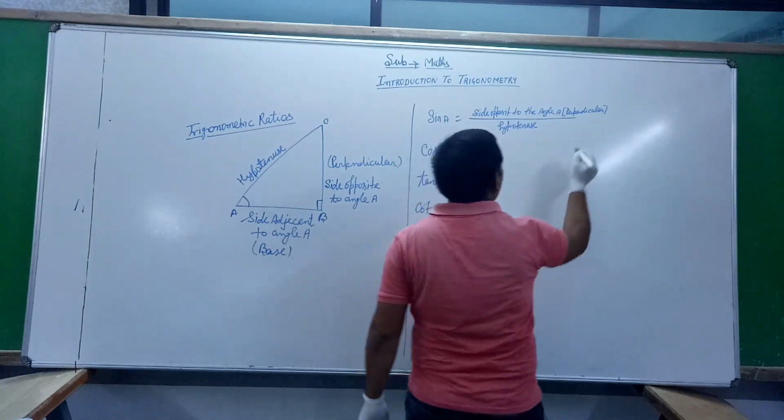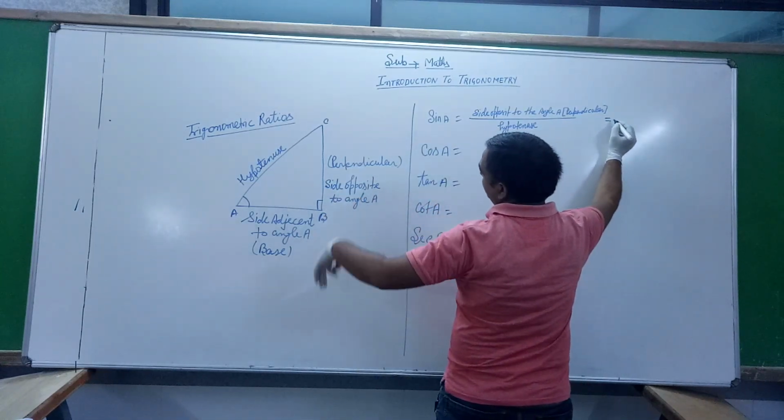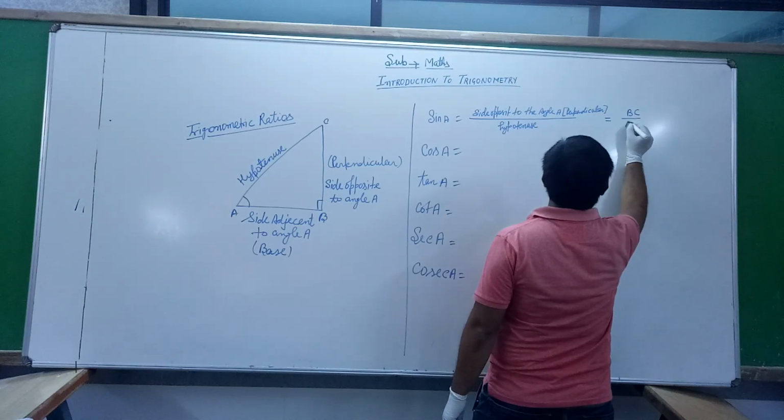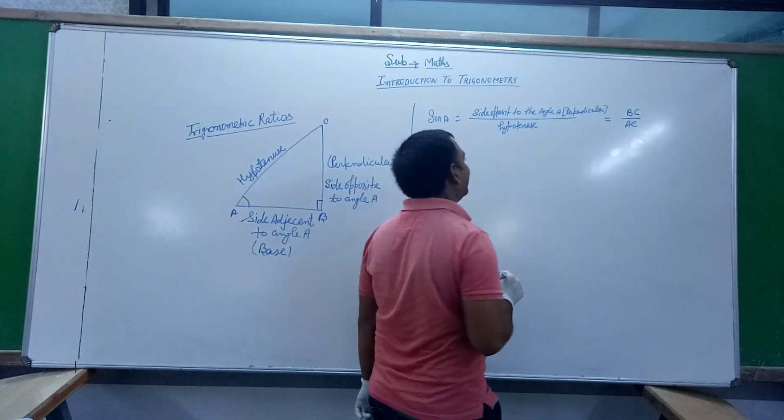Okay, you can also write it like this: according to the triangle, the perpendicular is BC and the hypotenuse is AC. So sin A is equal to BC upon AC.